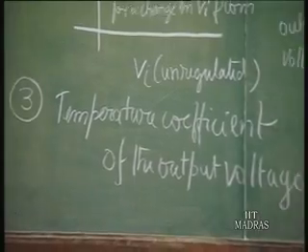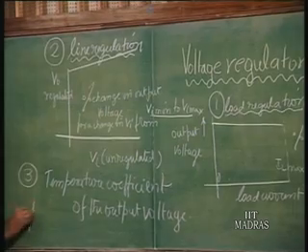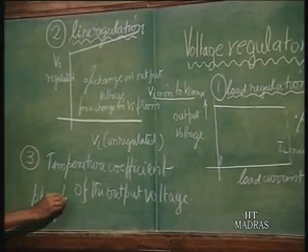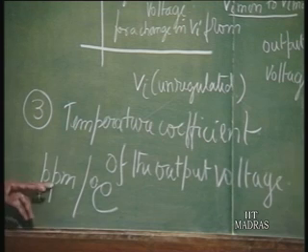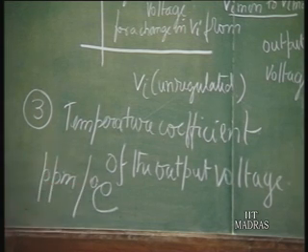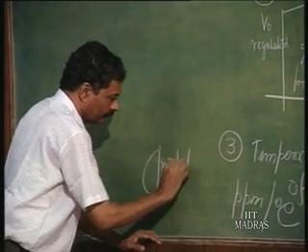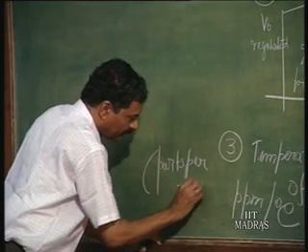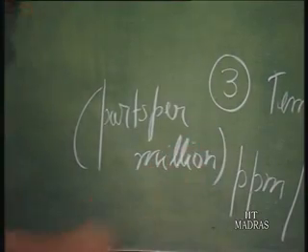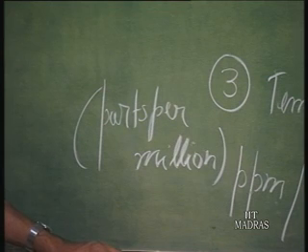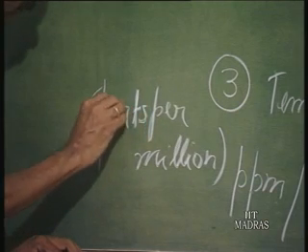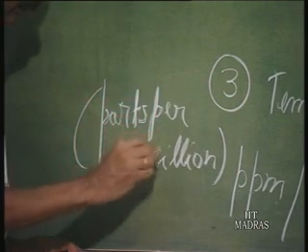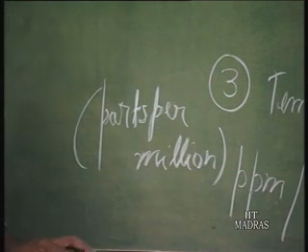Normally represented in terms of parts per million per degree centigrade rise in temperature. Since it is going to be a small value, instead of expressing in terms of percentage, it has been expressed in terms of parts per million, ppm, per degree centigrade rise.